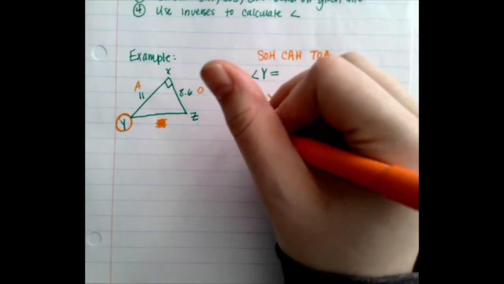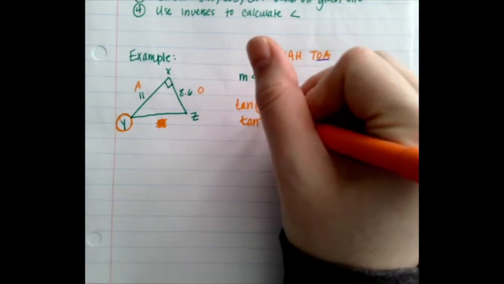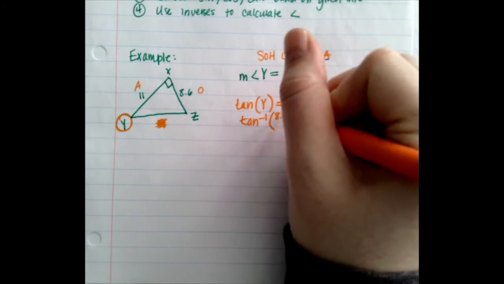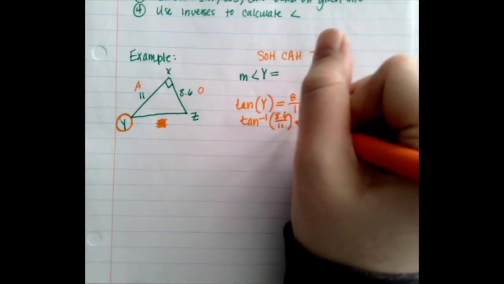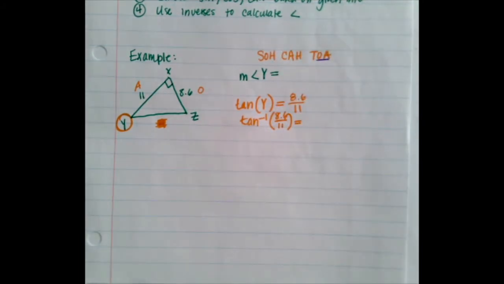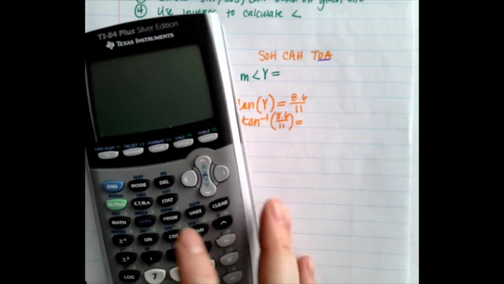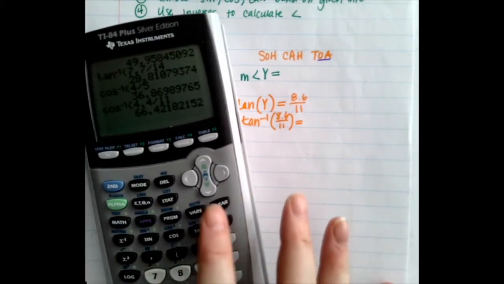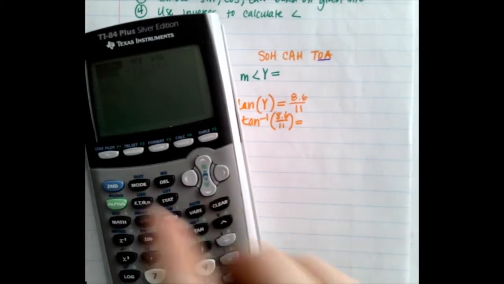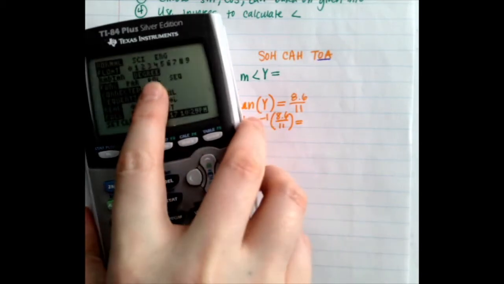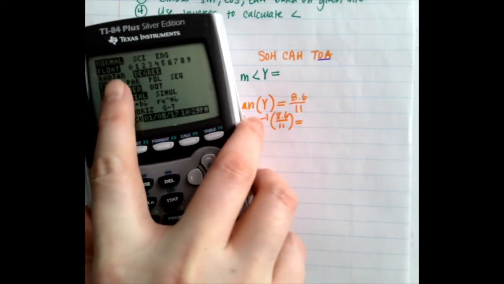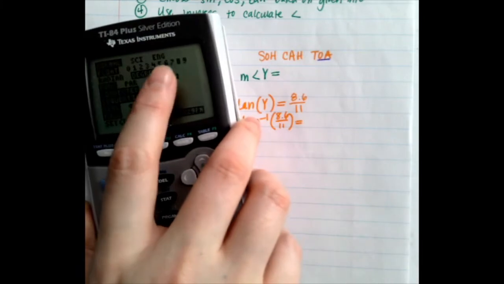It sounds complicated, but really all you're doing is doing the inverse of your ratio. If you have a calculator, whatever calculator you have, you want to make sure that your mode is set to degrees instead of radians. So make sure it's set to degrees.